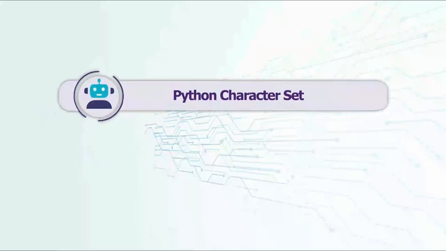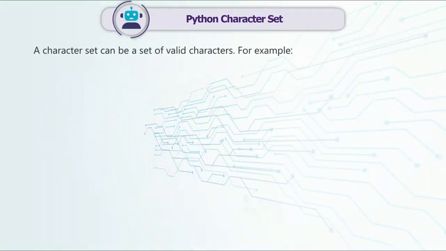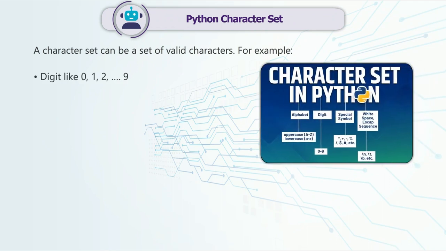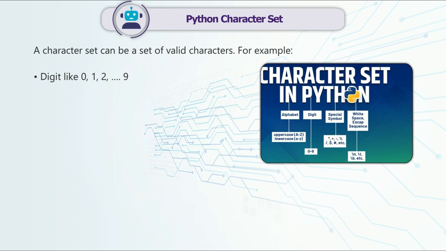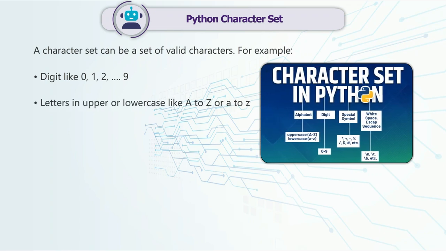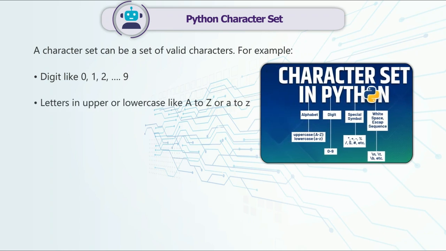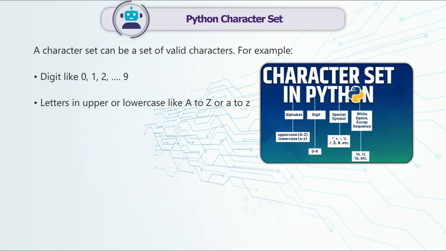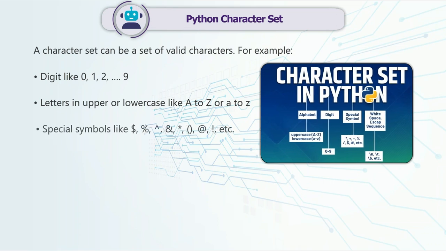Python character set. A character set is a set of valid characters. For example, digits like 0, 1, 2, till 9. Letters in upper or lower case like A to Z or a to z in lowercase.